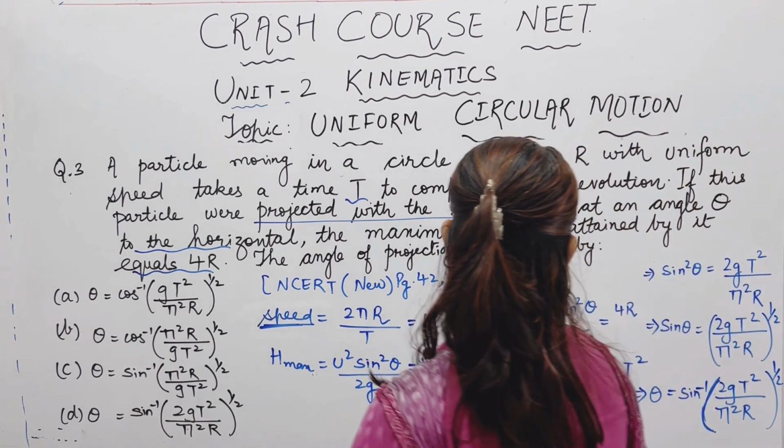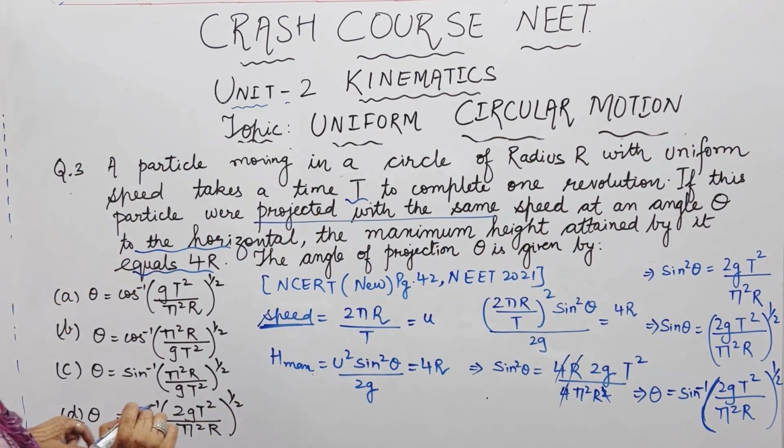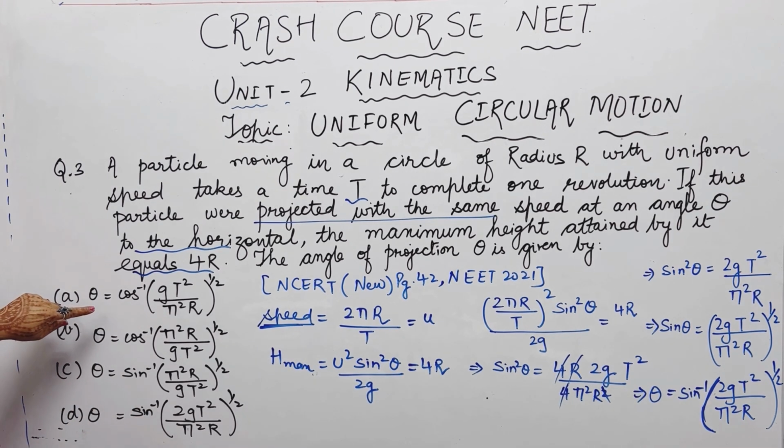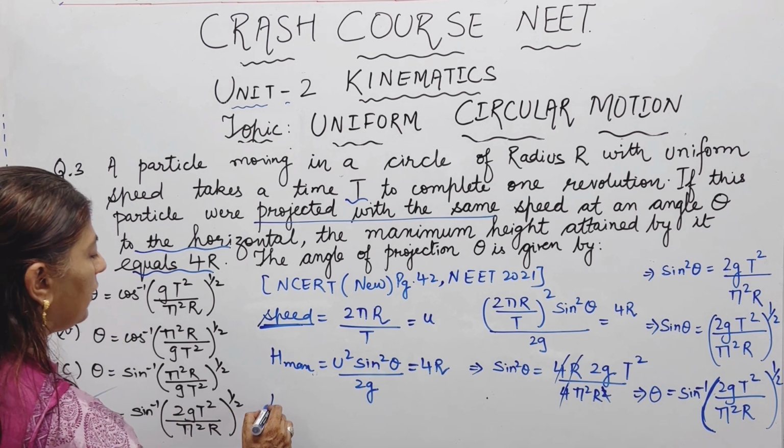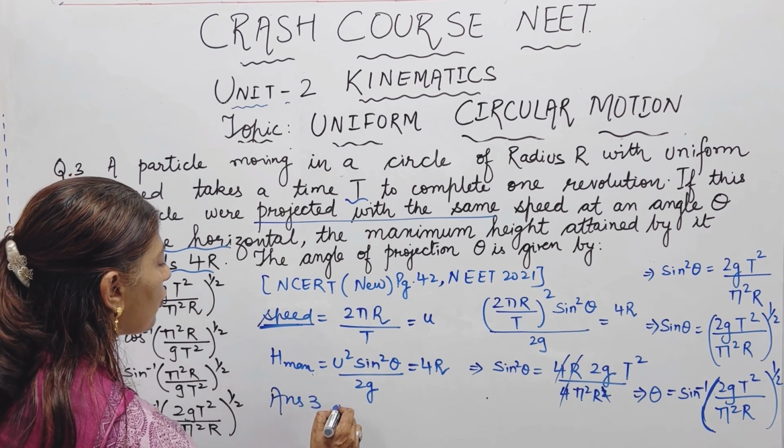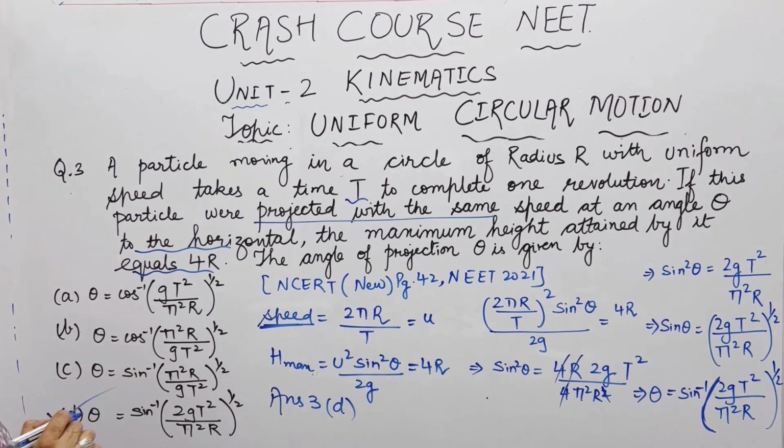If you look at the options, option number D goes with the solution. So the answer for the third is option D, that is theta is equal to sine inverse of (g t square by pi square r) to the power 1 by 2.